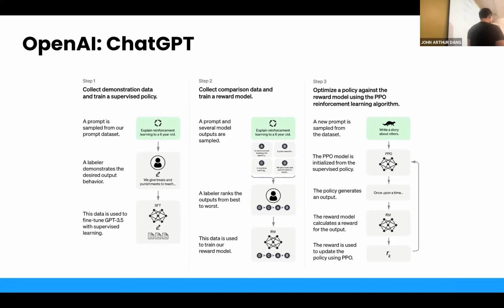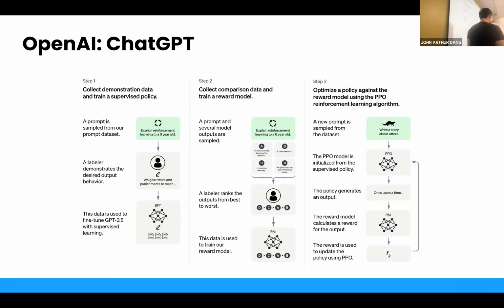The second and third steps are really where the reinforcement learning comes into play. We'll go into all these three steps in a little more detail, but in general, in the second step, we train a separate neural network that learns human preferences. This is our reward model, and given some text and a large language model response, it's going to output some scalar that is somewhat representative of how good a human thinks this response is, and we're going to use this as a reward function.